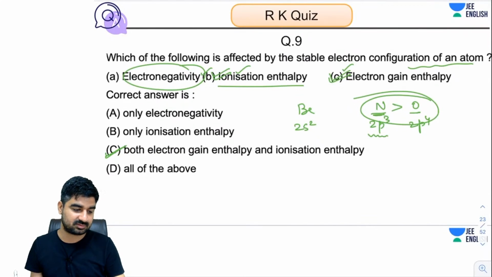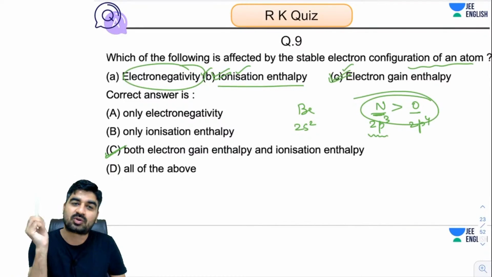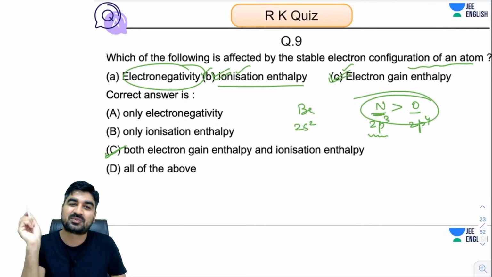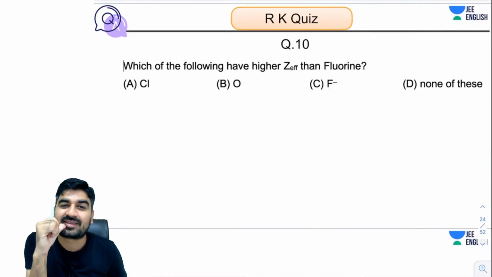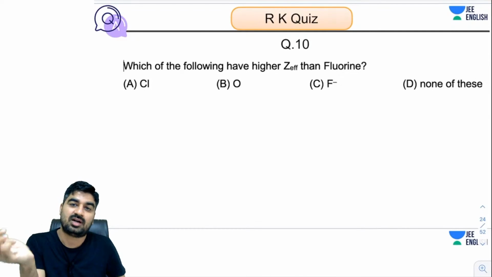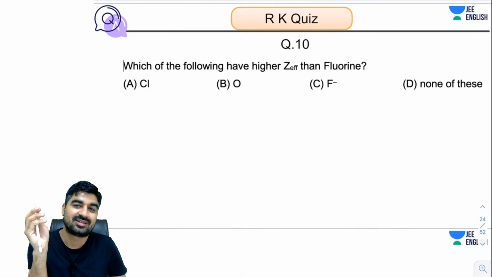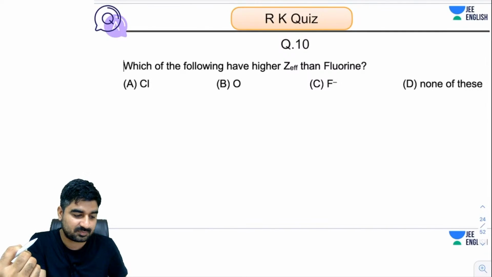Very important. And a very important concept was here, and it was taught to you the last-to-last class. So let's move to the next question. Yes, it's very easy. Which of the following have higher Z effective than fluorine? The way such a problem should be solved, I just told you.